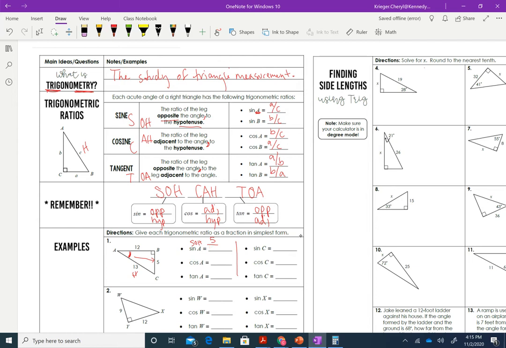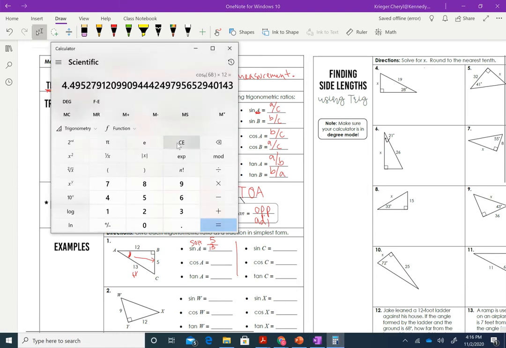If this was a triangle and we were trying to find our angle, which we could do, I would get out my calculator, making sure it's in degree mode.